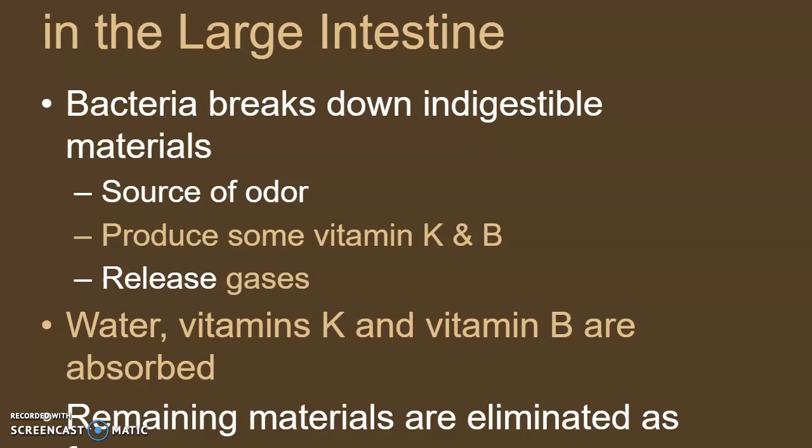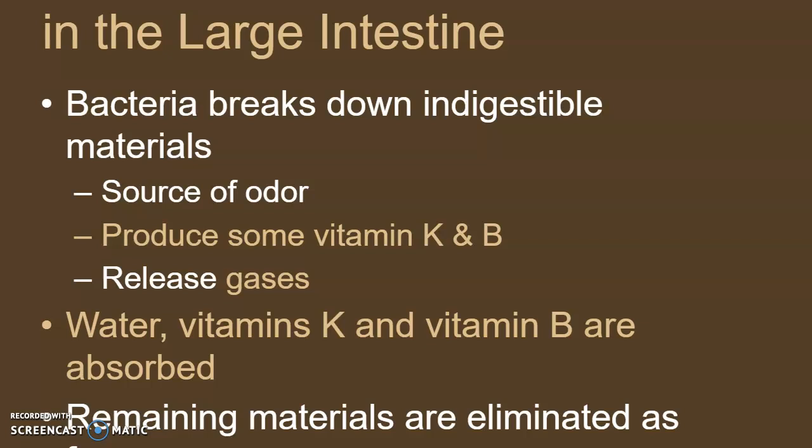So also in the large intestine, there are bacteria. Many bacteria live in the large intestine. This is a good thing. This is normal. You need that bacteria there. It's a beneficial bacteria, and it helps to break down some of the things that we could not digest.